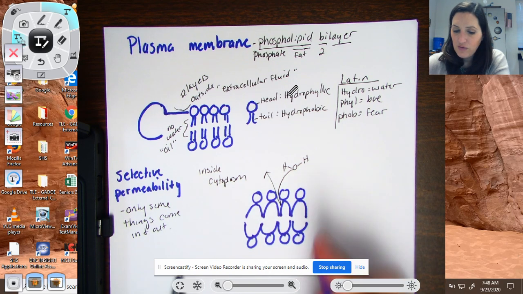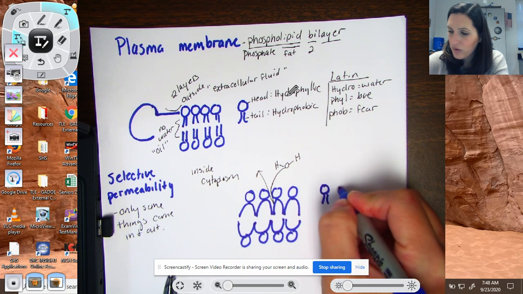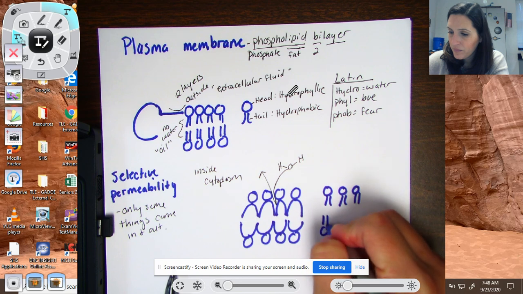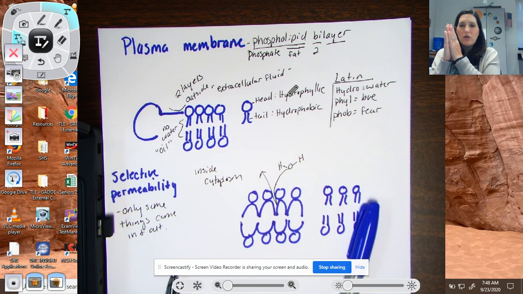So what the tails have to do is change their shape. They have to come in closer. It's almost like they're next to each other or away from each other and they're like, oh, water's coming in. Ooh, get it, let the water come in. And then it comes back to where it was.